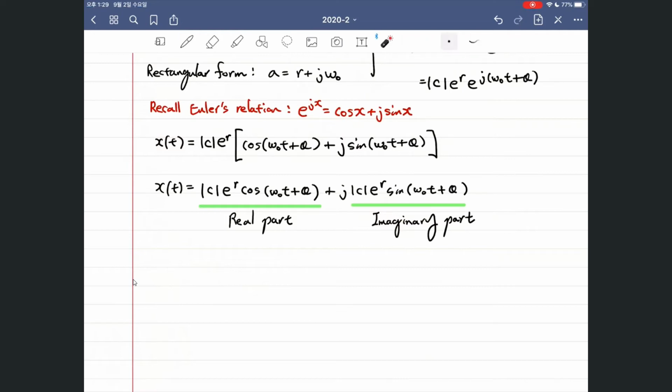And you can say that the only difference between the real part and the imaginary part is the cosine and the sine function.